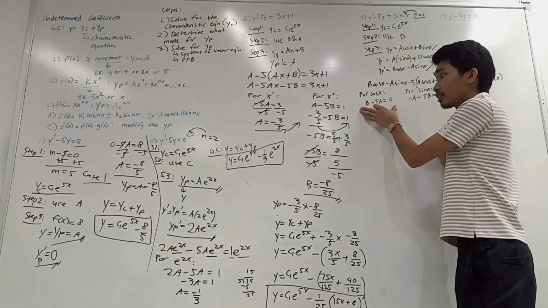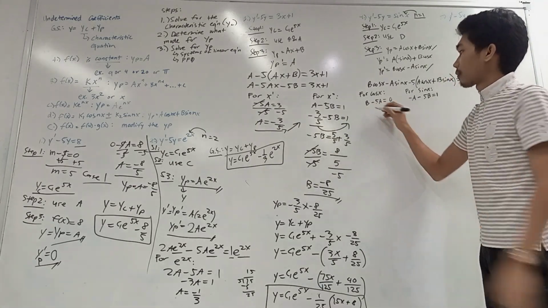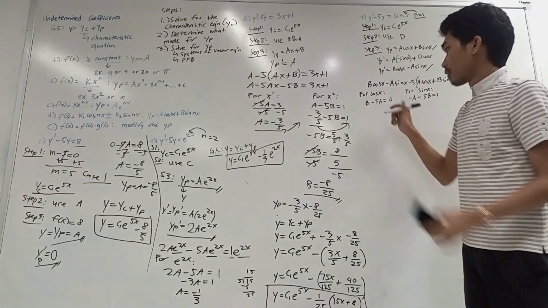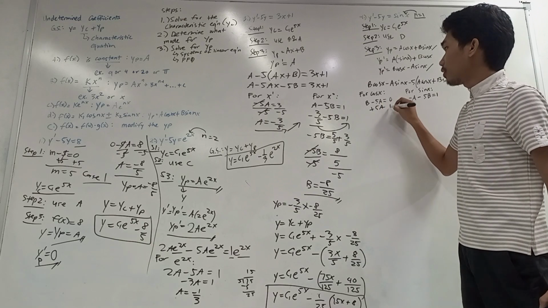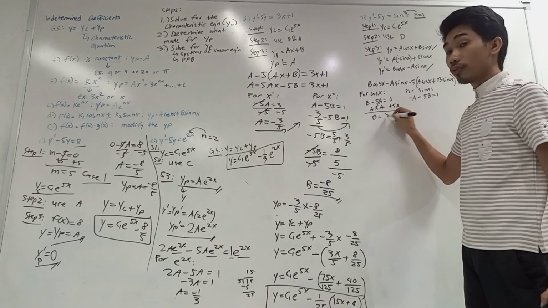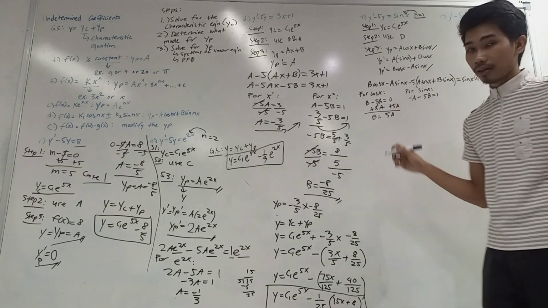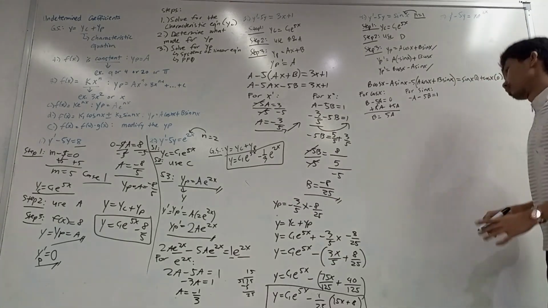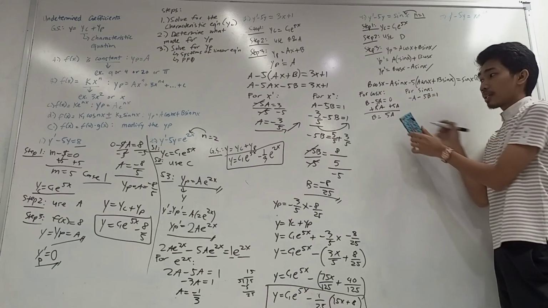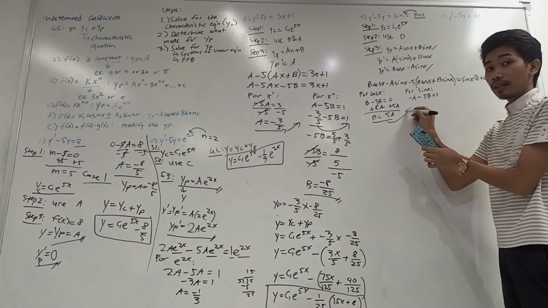So mas madali ito i-solve. Unahin natin ito. Plus 5a on both sides. Meron tayong b is equals to 5a. And then, since na-solve natin to, isubstitute natin siya sa taas.